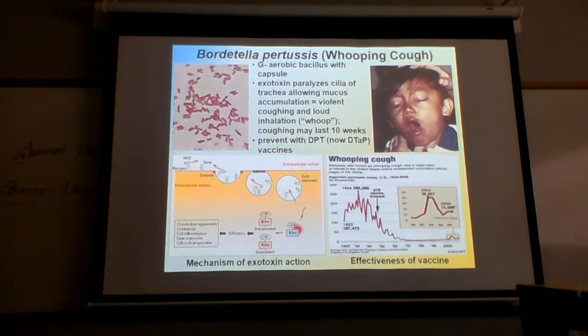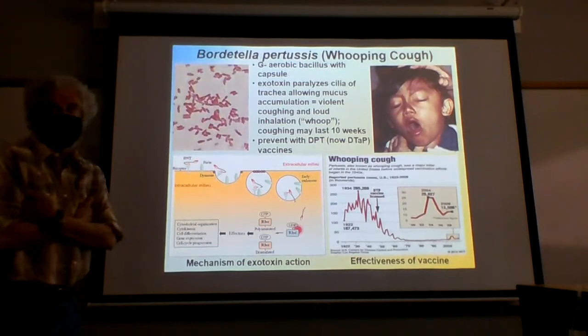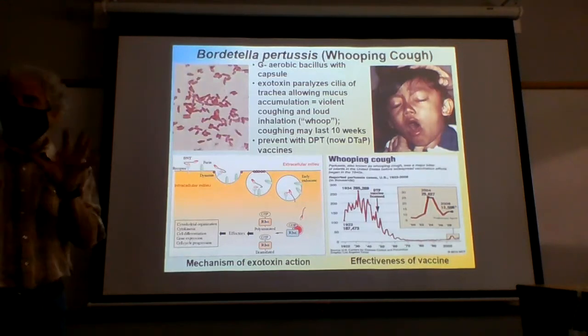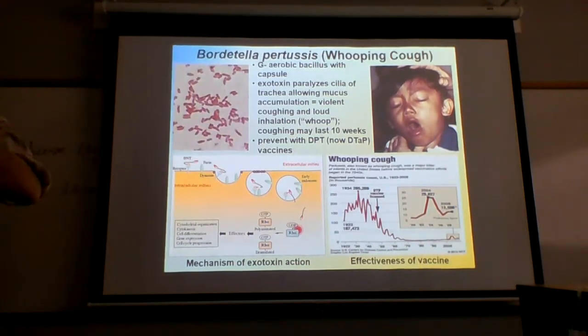So it's a gram-negative. It's aerobic, which makes good sense because it's in the lungs. The exotoxin is paralyzing the cilia. So again, we have an exotoxin being secreted by the bacteria that's having a specific effect. And what this is going to do is prevent the cilia from flushing and moving stuff, the dust and debris out of your lungs.